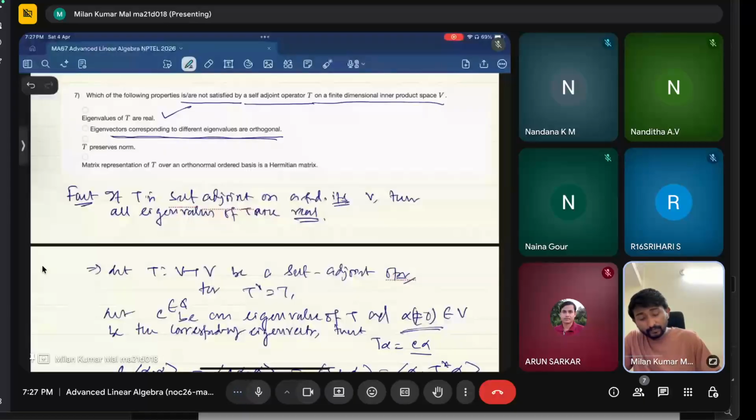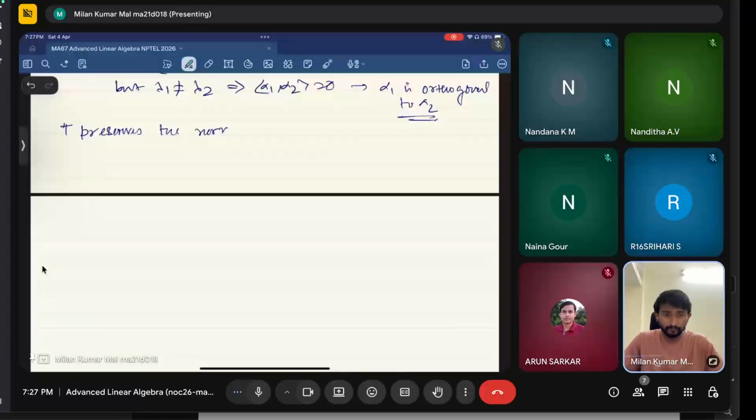That is, the norm of T alpha is equal to the norm of alpha for all alpha belonging to the space V. But that need not be true for a general self-adjoint operator.